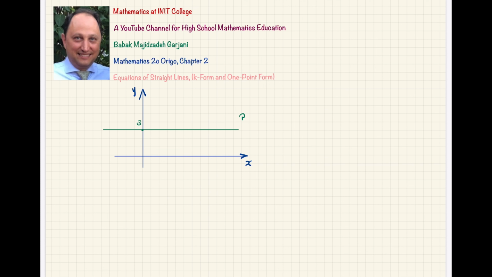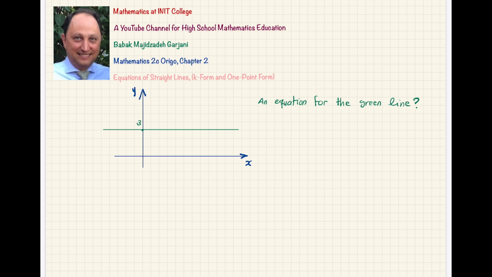Okay, we want to find an equation for the green line. First of all, we need to understand what is the meaning of finding an equation for a line.